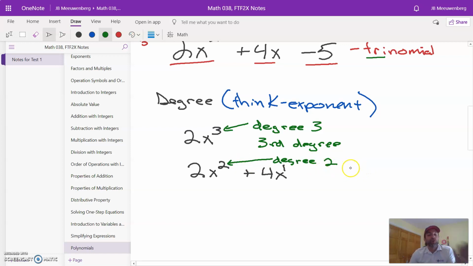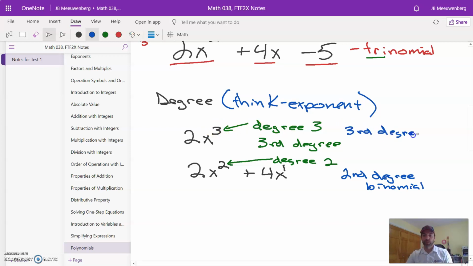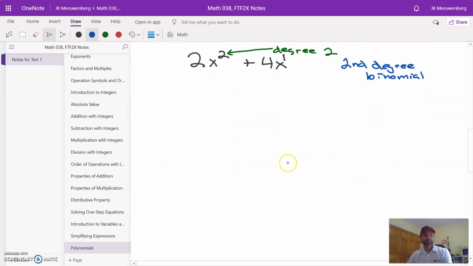And so the polynomial would have the second degree. It would be a second degree binomial. So this was a third degree monomial. Third degree monomial. And this is a second degree binomial.